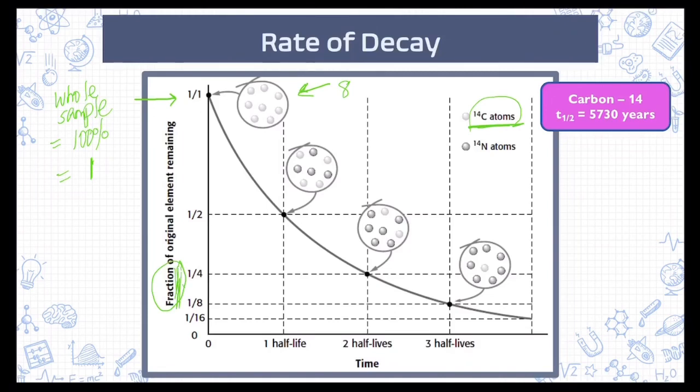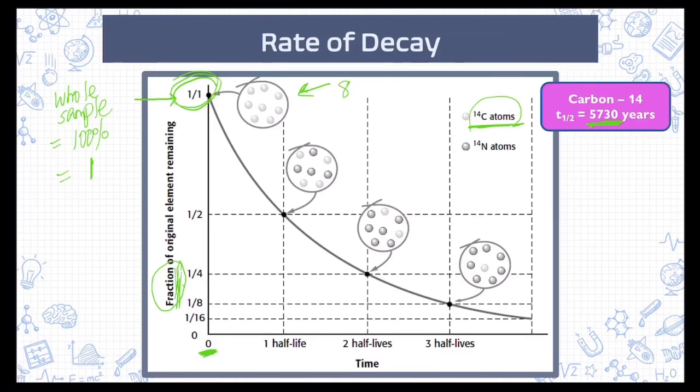If you look at the x-axis, we're starting off at time 0. So at the very beginning, when we are looking at our initial sample, before any time has passed, we have 100% or the whole sample present. After the first half-life, which is 5,730 years, we have half as many carbon-14 atoms present.